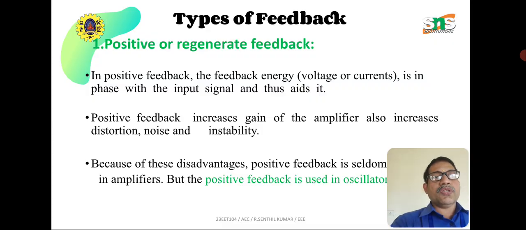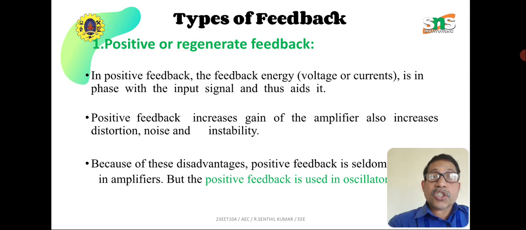For an amplifier, the purpose of the amplifier is to increase the gain. Since the output is connected to the input and it is in phase, the gain increases further.